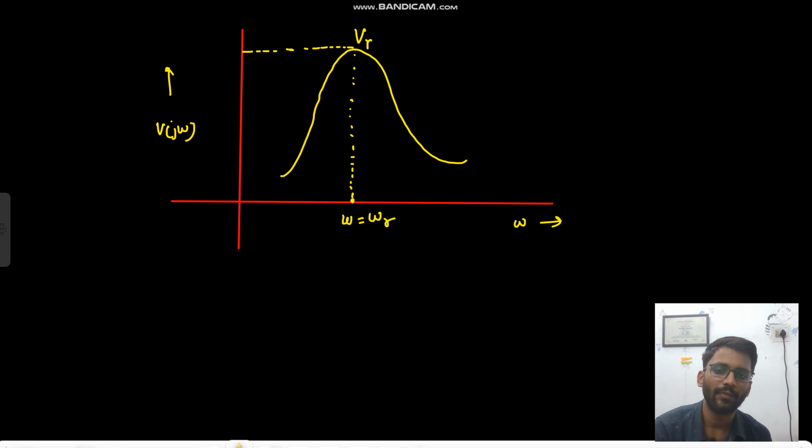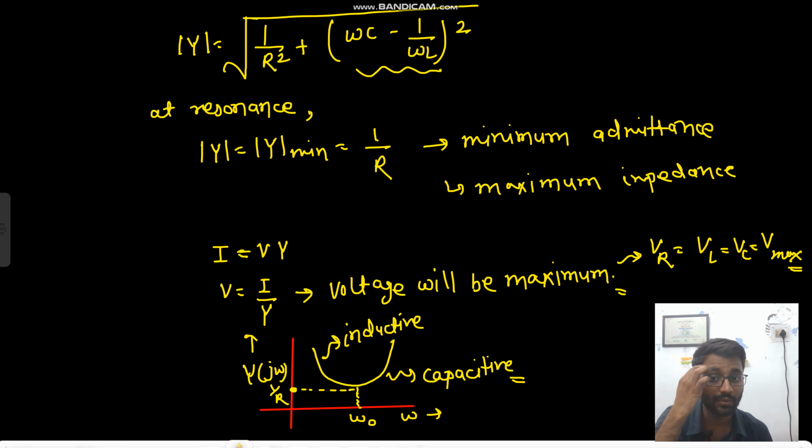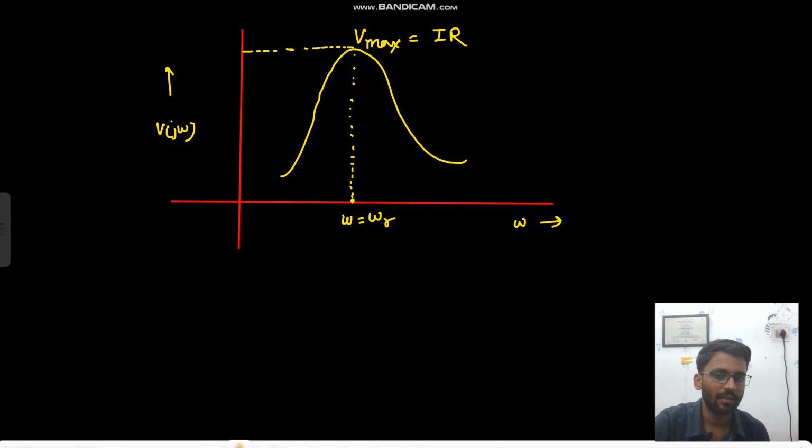So this is V max, that is equal to I into R, right? Because your Y is equal to 1 by R. So your V will be equal to I into R, right?